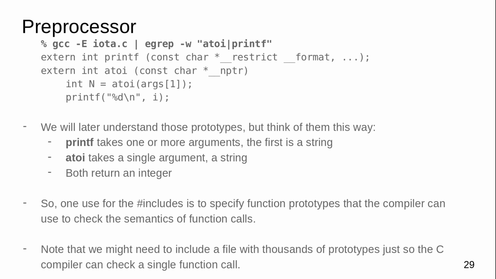So the preprocessor is putting these function signatures into our code, so that way when the compiler runs through it, it can actually find these function definitions and say, hey, is he calling printf correctly when he actually uses the function? Is he using atoi correctly when he uses the function?